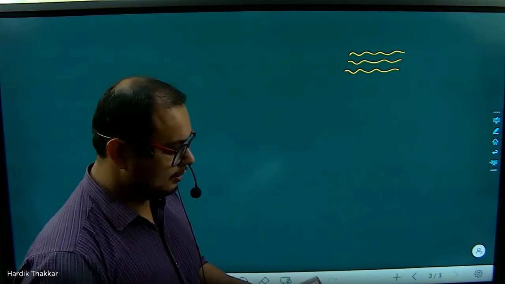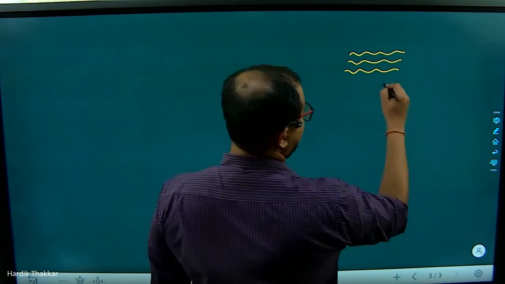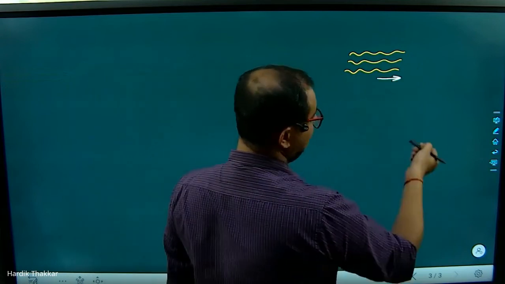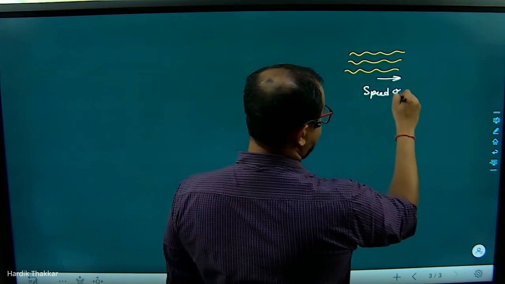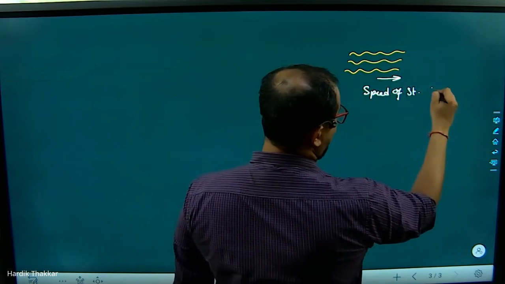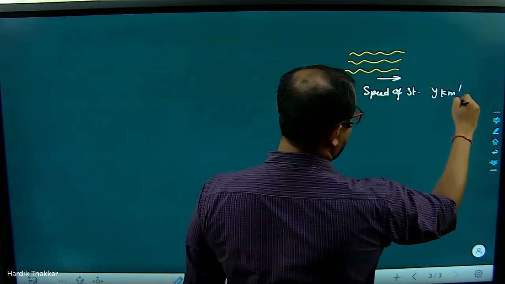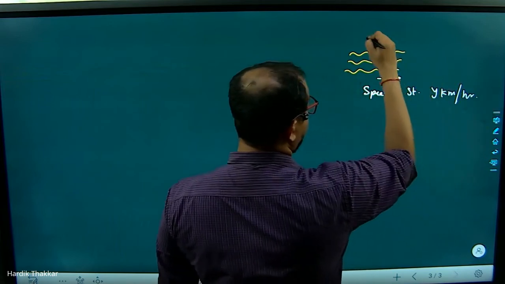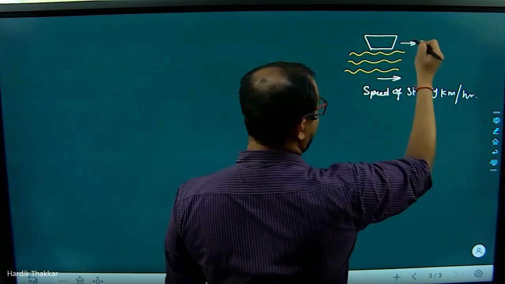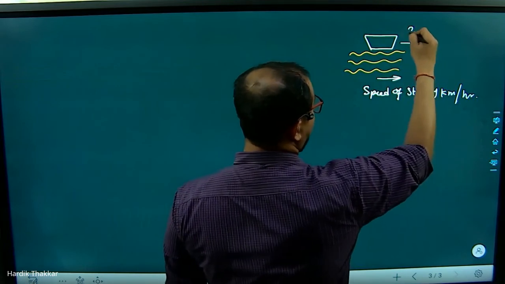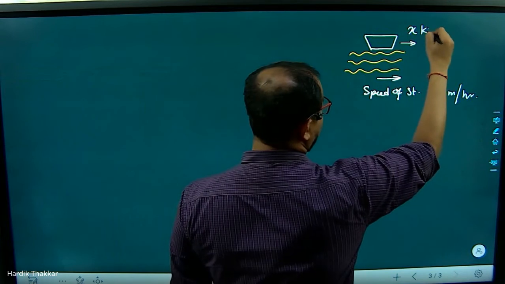Okay, so the boat and stream problem. Let us consider that the direction of the stream is this, and the speed of the stream is y kilometer per hour, and the boat is also moving in the same direction, and the speed of the boat in still water is x kilometer per hour.